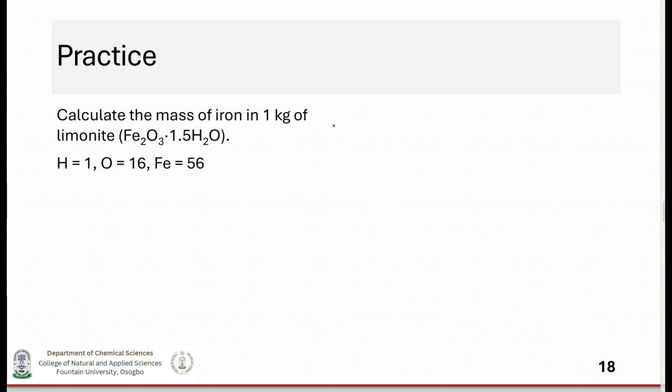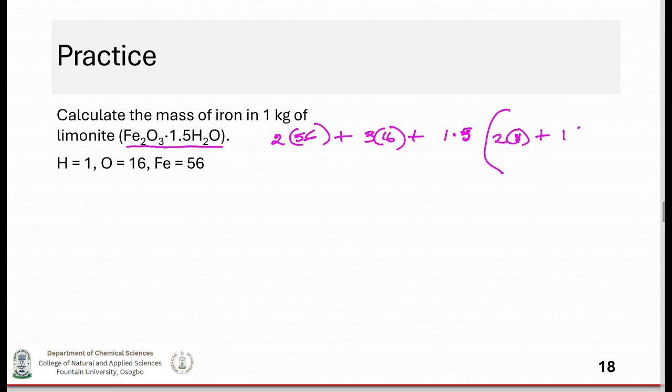So remember, the first step is to get the molecular mass, or formula mass, of this compound. So Fe2, 2 times 56, plus 3 oxygen, 16, and then plus 1.5 big bracket, 2 of hydrogen plus 1 of oxygen, which is 16, big bracket.